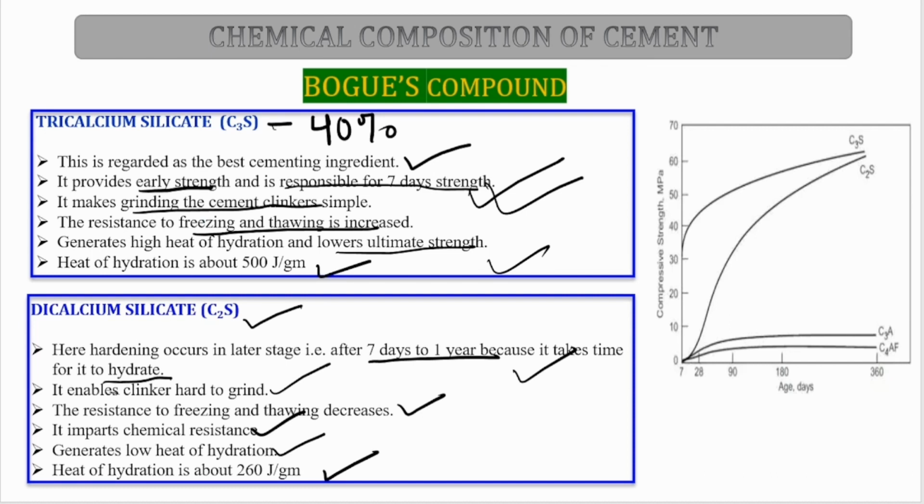In C3S, high heat of hydration, whereas in C2S, low heat of hydration. In C3S, the high heat of hydration is 500, whereas in C2S, the heat of hydration is only 260. The solubility of cement increases with water in C3S, whereas the solubility of cement decreases with water in C2S.